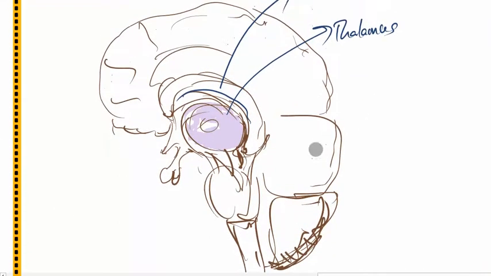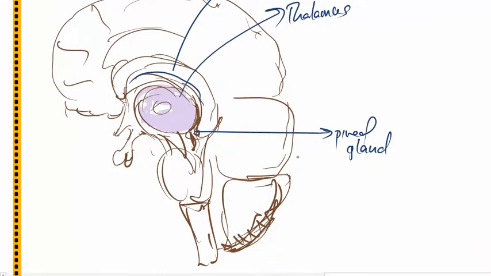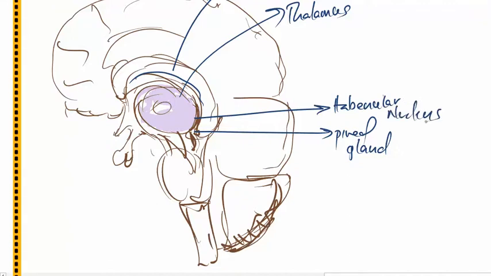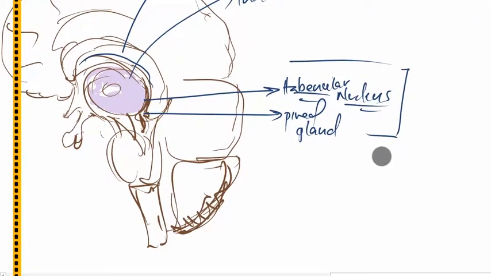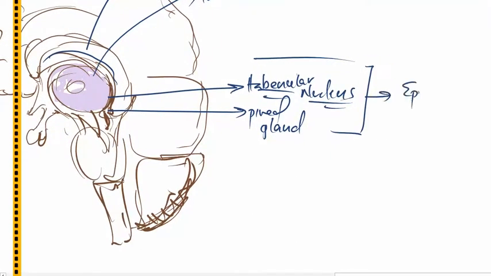Right around here you have your pineal gland. And somewhere around here, I think it's the habenular nucleus. If I'm not wrong, he had something like this in the lecture. Habenular nucleus. So both of these, the habenular nucleus and the pineal gland, make up your epithalamus.